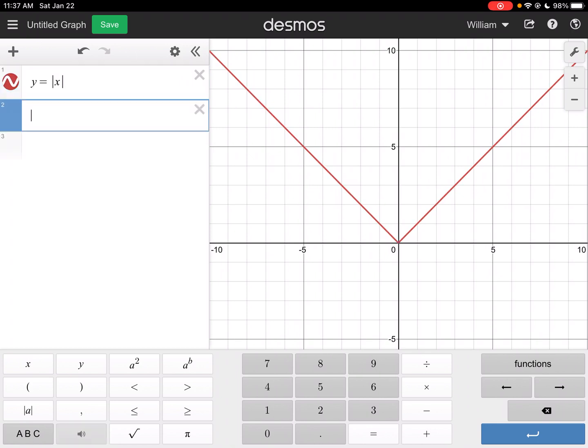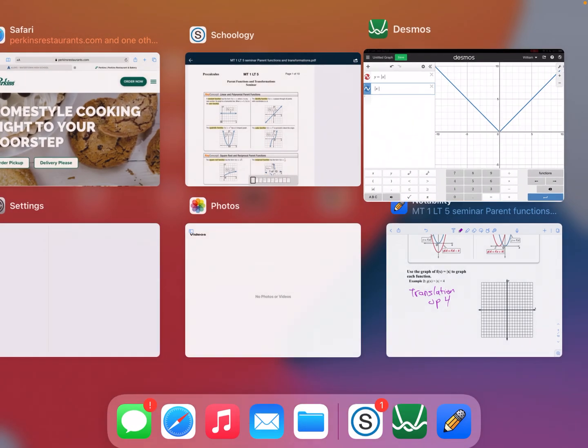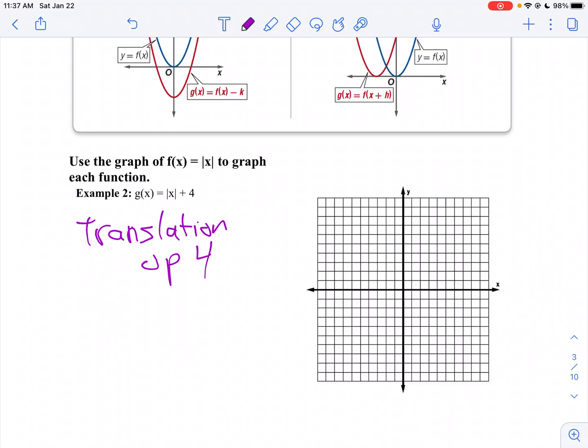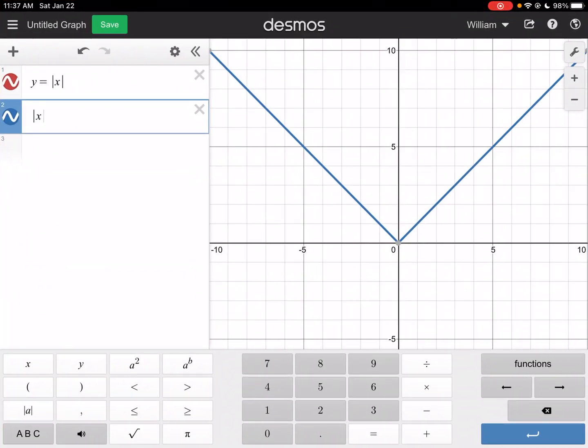Now, in line 2, I'll do the absolute value of x, and then my memory's faded me, so I'm going to go plus 4. So plus 4. And you can see my blue line is moved up 4 from my red line.